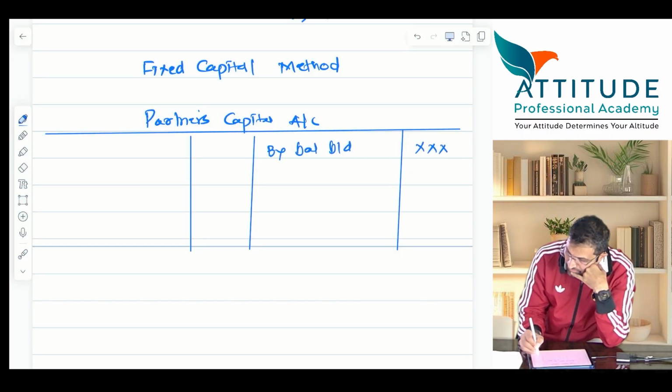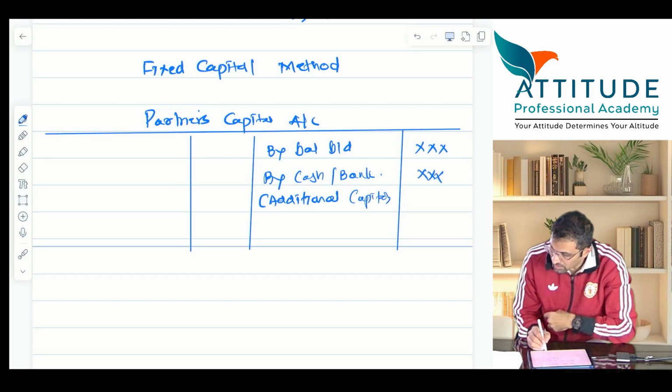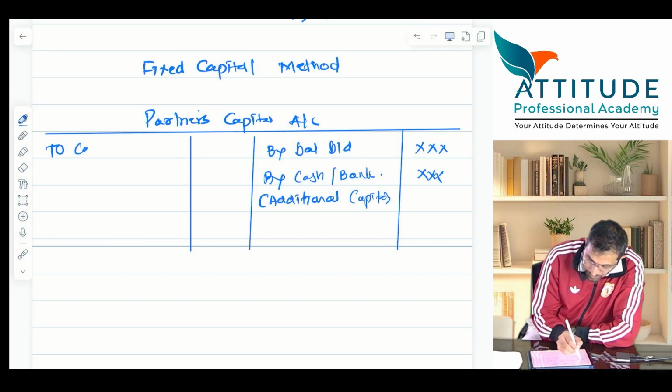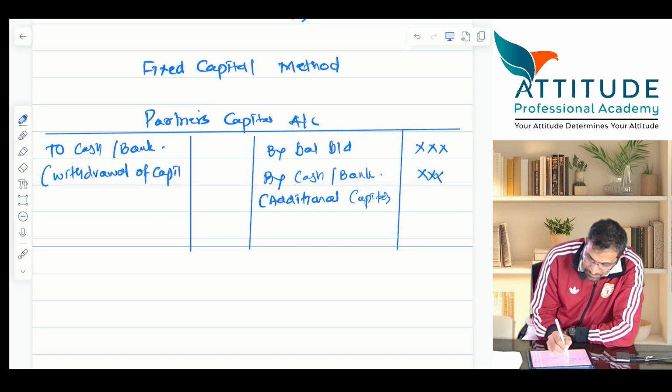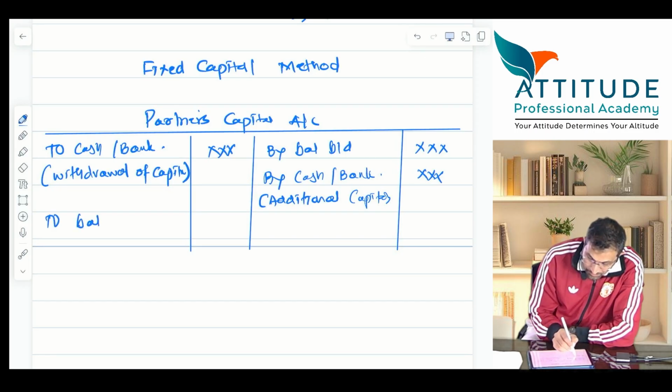Is that clear? Then by cash or bank, which is also known as additional capital. Additional capital आएगा. Then to cash or bank. This is not drawings, this is capital withdrawn. Withdrawal of capital. Then to balance carried down.